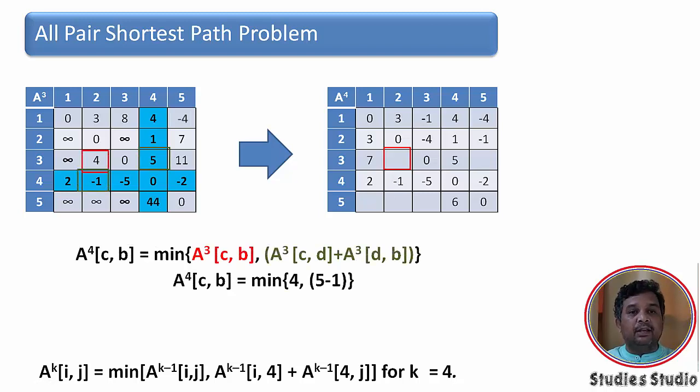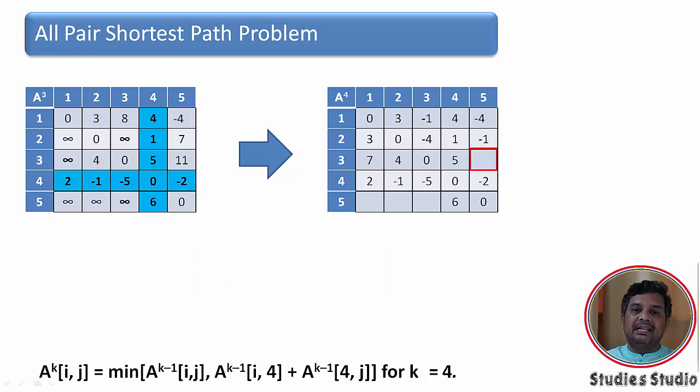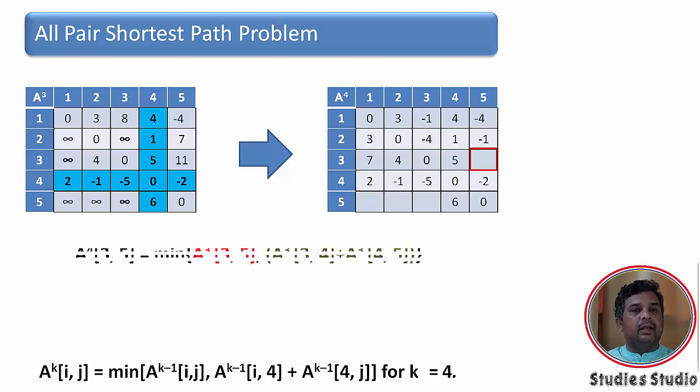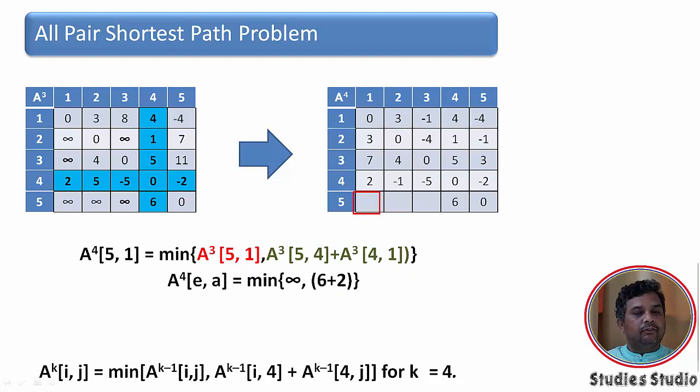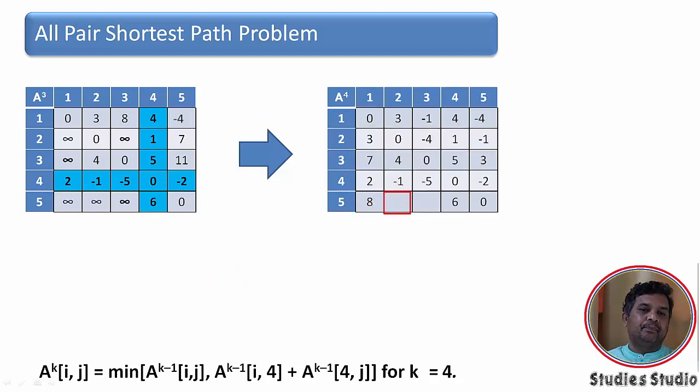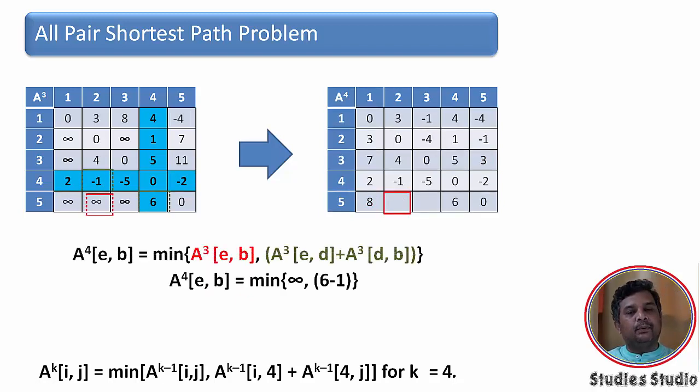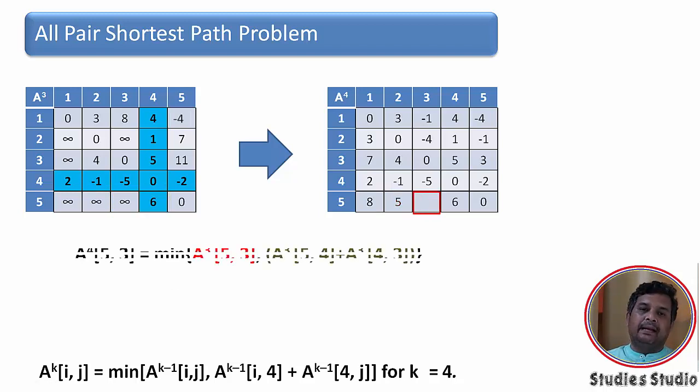And the projected value to the fixed row and fixed column is 5 and minus 1. Which one is smaller? I am getting 4. The next empty cell is 3, 5. So in this manner I am going to take the values one by one and write them for all the empty cells. So this is how I am going to get my A4 matrix.